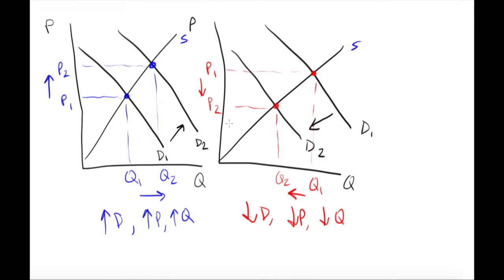Let's think about what could potentially cause these things to occur in the marketplace. The first factor that can shift the demand curve is the number of buyers in the market. This is important because if you have a lot of buyers, then you may have a higher demand.